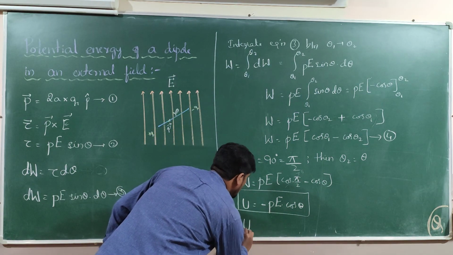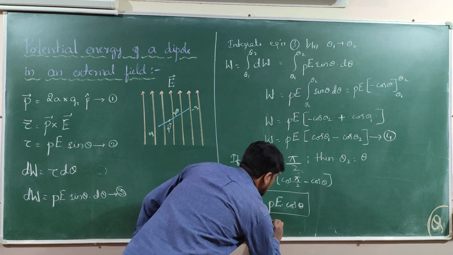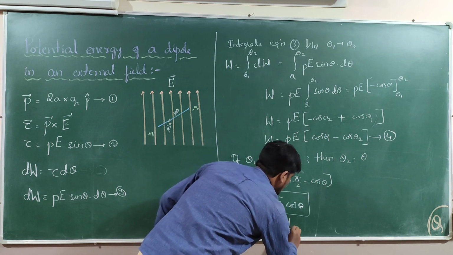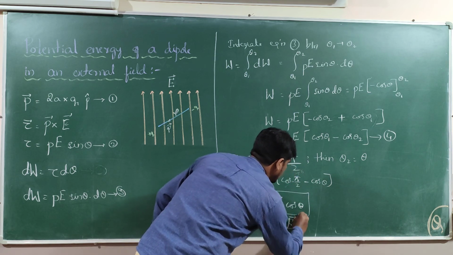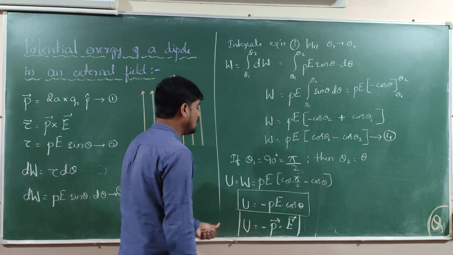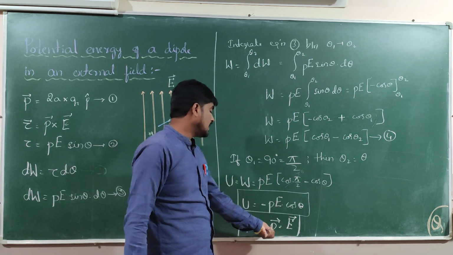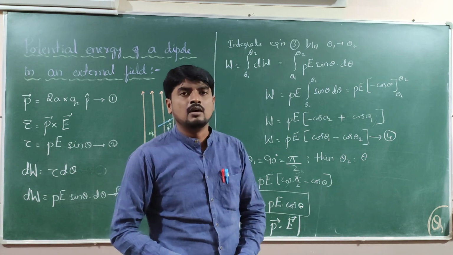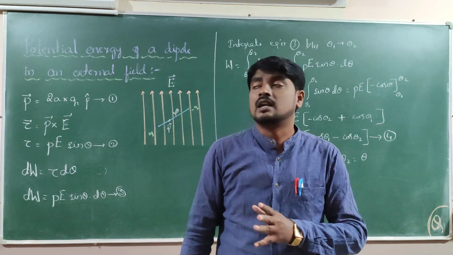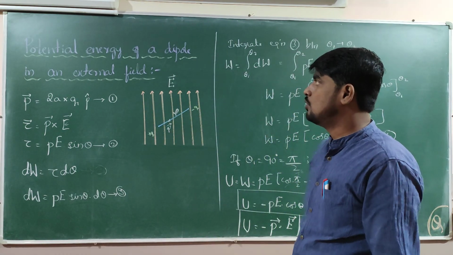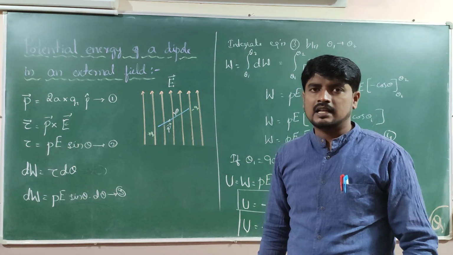Then U is equal to minus vector P dot vector E. So this is one more expression: U equals minus PE cos theta, U equals minus P dot E. Both are the equation for the potential energy of a dipole in an external electric field.